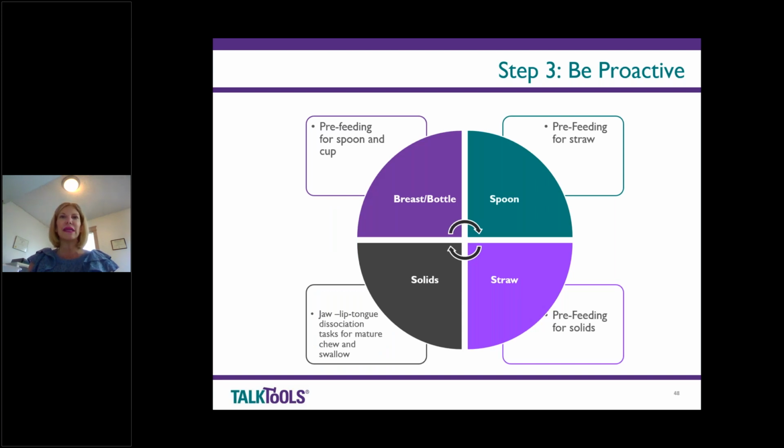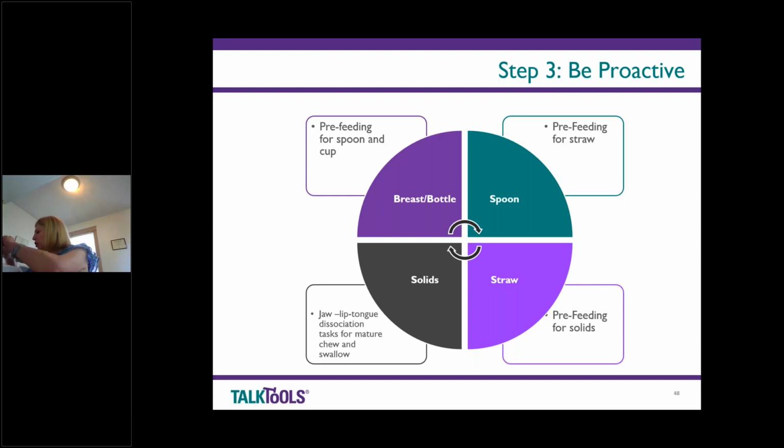And what this means is that you are always working on the pre-feeding skills for the next stage of feeding. So if the baby is being breast or bottle fed, you want to be working on the pre-feeding skills for spoon and cup. And what does that entail?